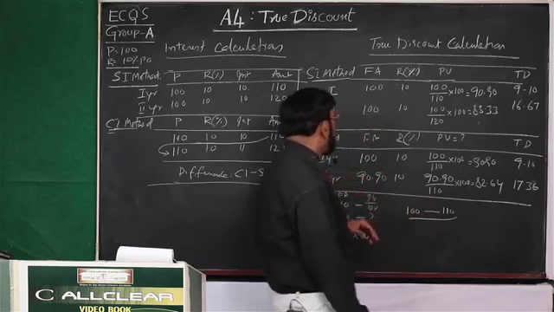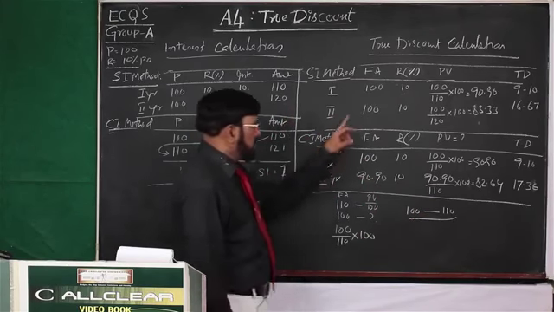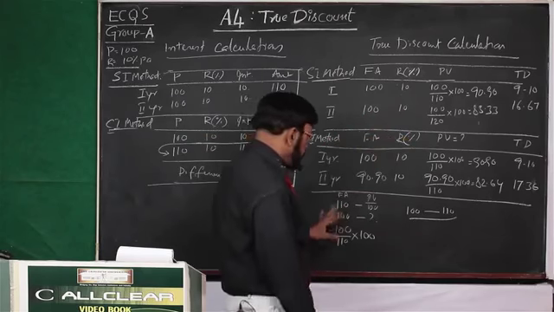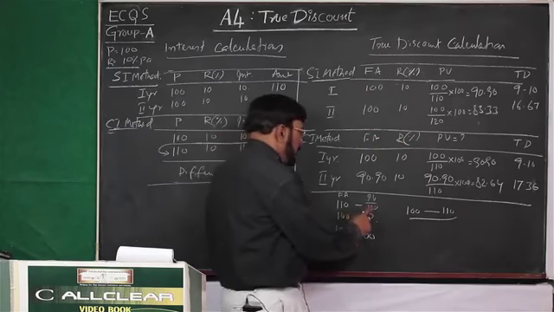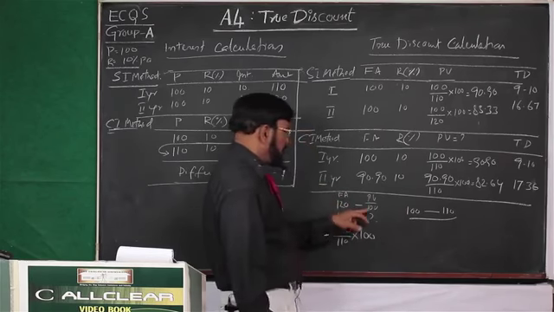Next, we are taking it for 2 years. Now you see 100 rupees, same 10%. Now, this same thing. 100 rupees is the present value. After 2 years, 10 plus 10, 20 rupees you are going to get.